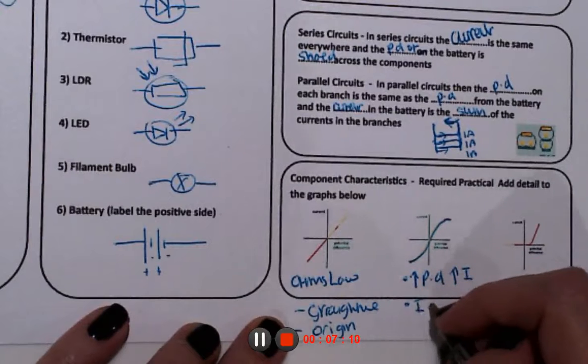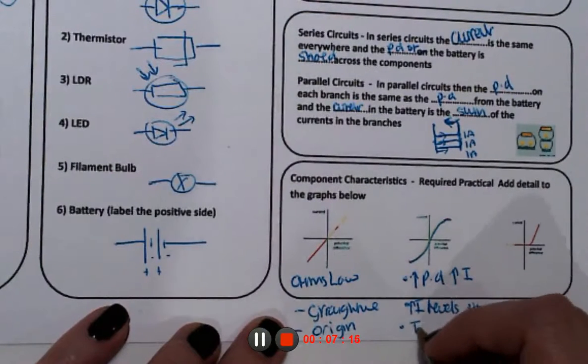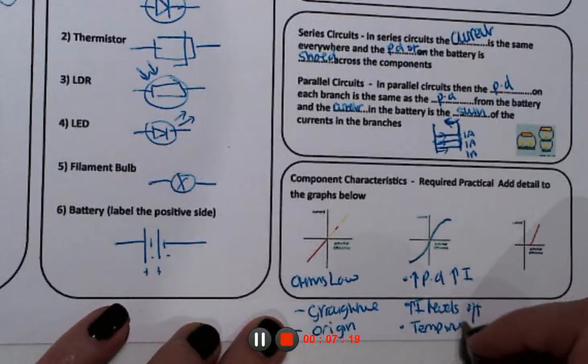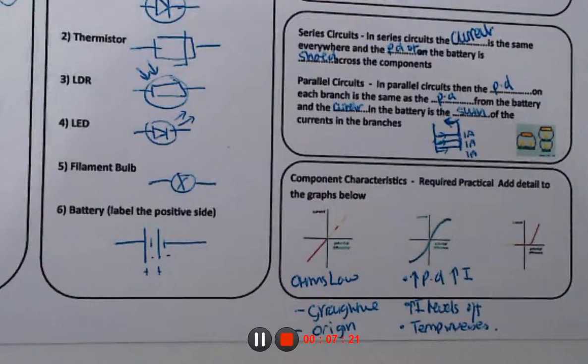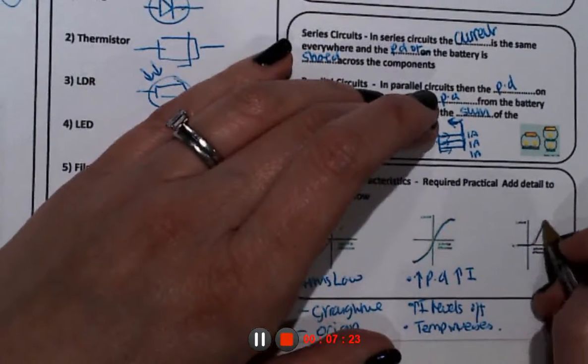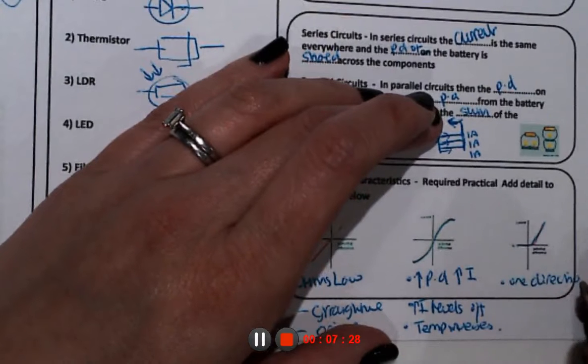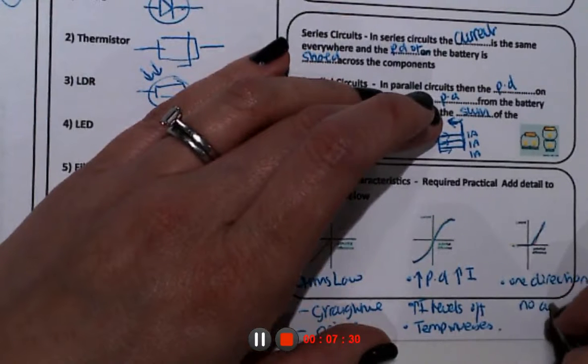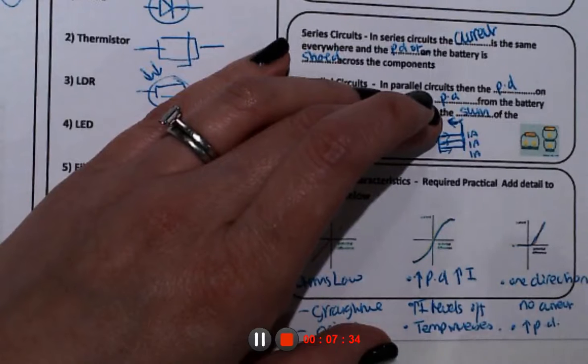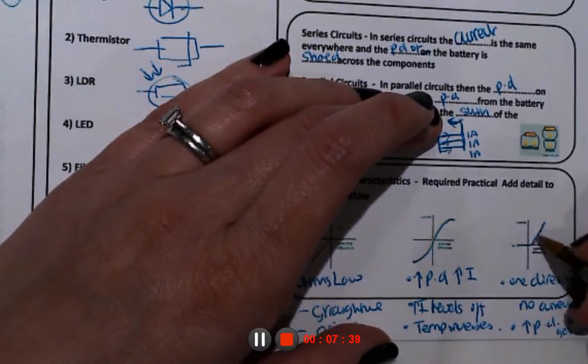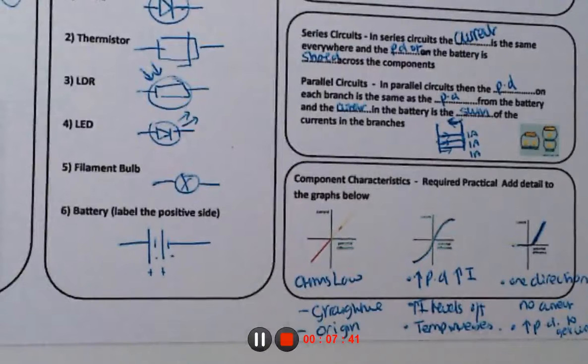But the current levels off, because the temperature increases. And the last one, the diode. In one direction there is no current, and in the other direction you need a high enough PD to get current. And after that it's a straight line, so it'll follow Ohm's law.